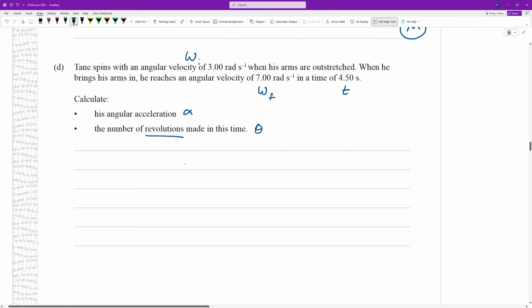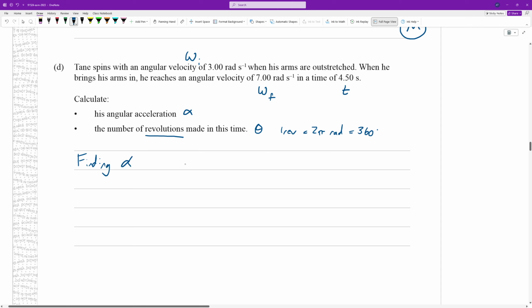So angular displacement is a little bit different to revolutions, right? One revolution, so one rev, would be 2 pi radians, or 360 degrees. So our last step after we find the displacement is to convert it into revolutions.